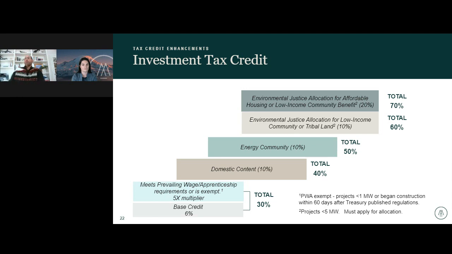And so as we indicated before, you step up the ladder here, and if the project were to meet all of the requirements, let's say that it's a 1 megawatt development that meets prevailing wage and apprenticeship requirements, meets domestic content, is located on an energy community, and is also associated with an affordable housing complex, then you would qualify for, and you receive that allocation for the environmental justice allocation, you would qualify for a 70% credit percentage.